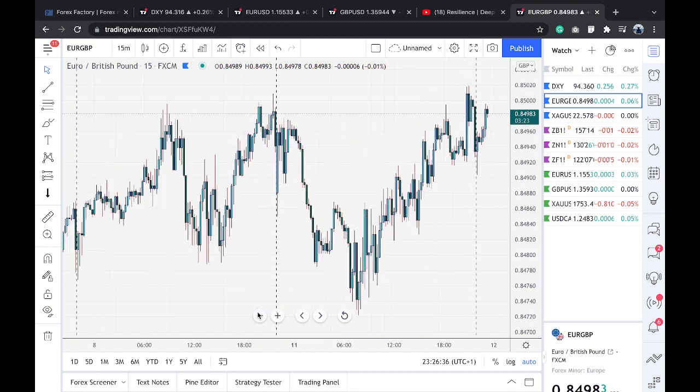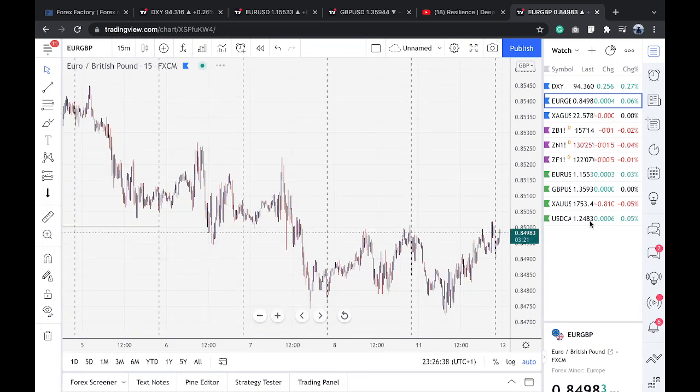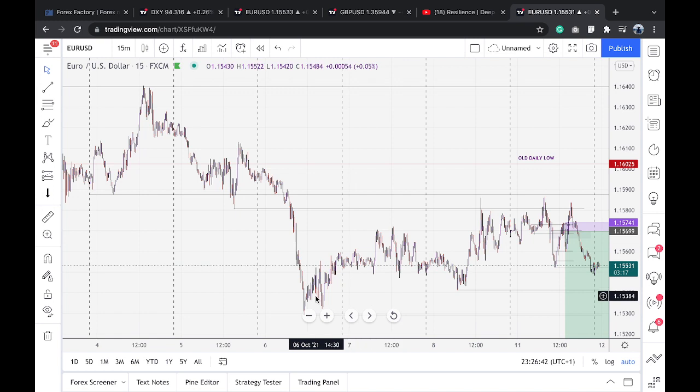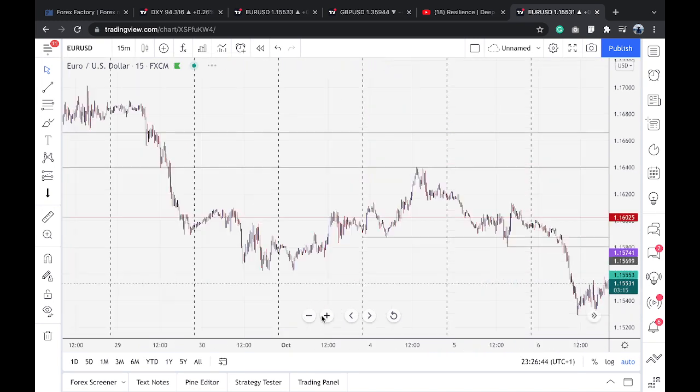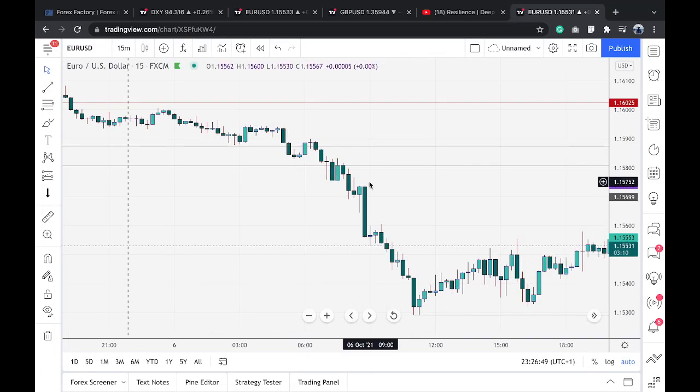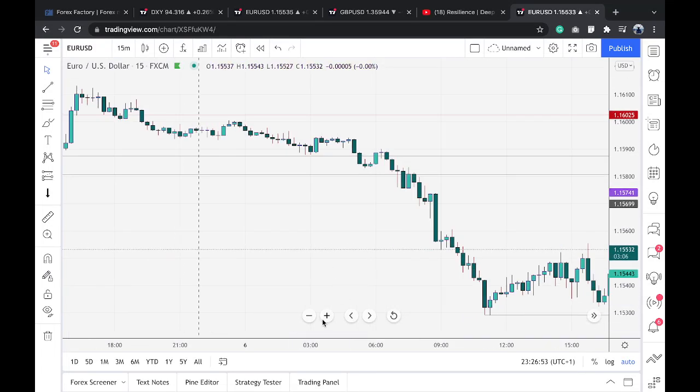Okay, that's what we're looking for. So you can just go into price and find any basic move. Okay, now you can see this is an immediate rebalance.